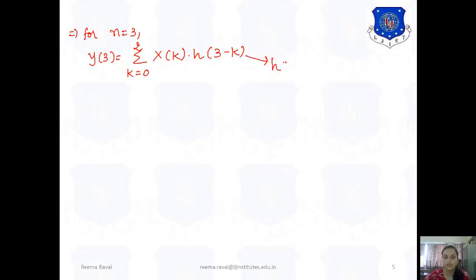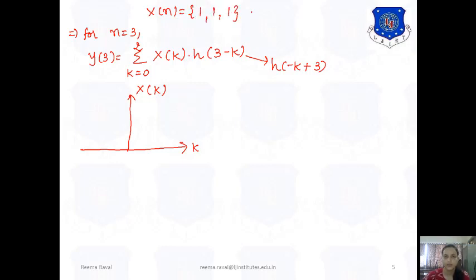We can call it h of minus k plus 3, right? So first of all, let us plot a graph of x of k according to the given x of n. Here x of n is 1, 1, 1 and h of n is 1, 0, 1.